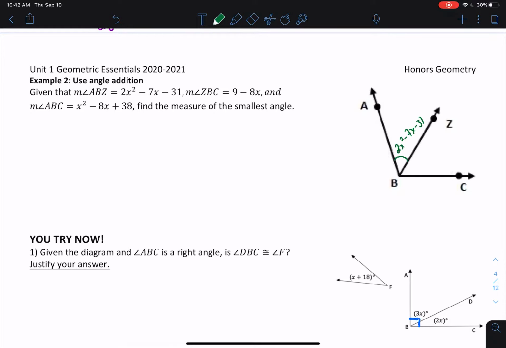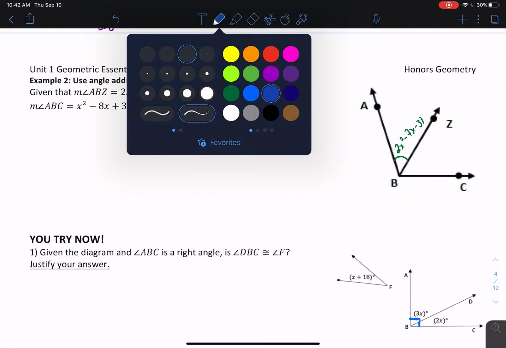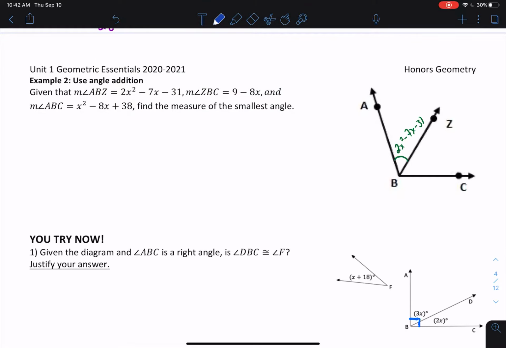Angle ZBC is this right here, 9 minus 8x. And the measure of angle ABC, which is the entire angle, or the whole, is x squared minus 8x plus 38. Find the measure of the smallest angle.